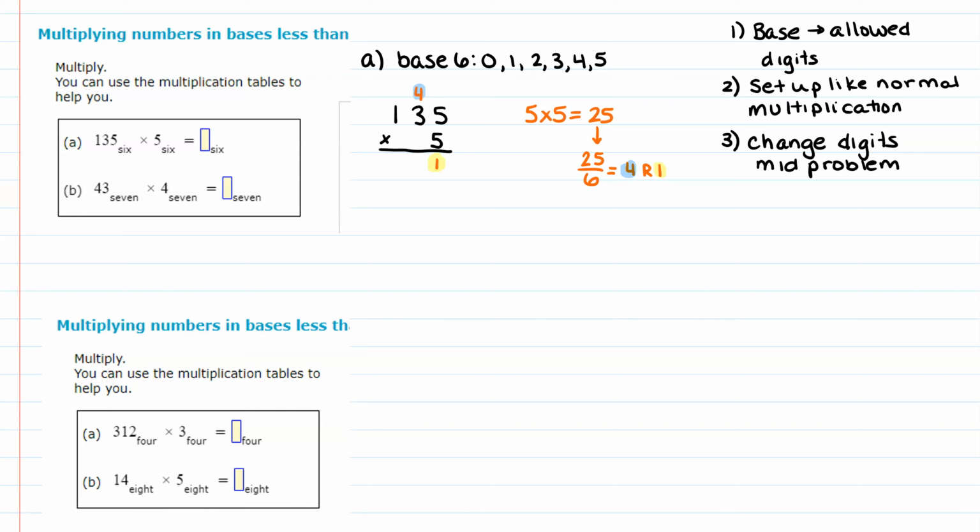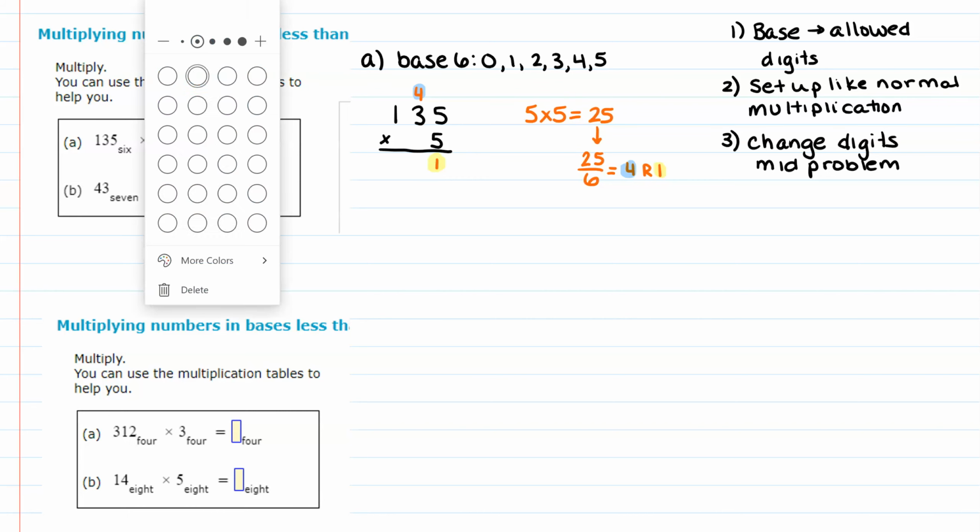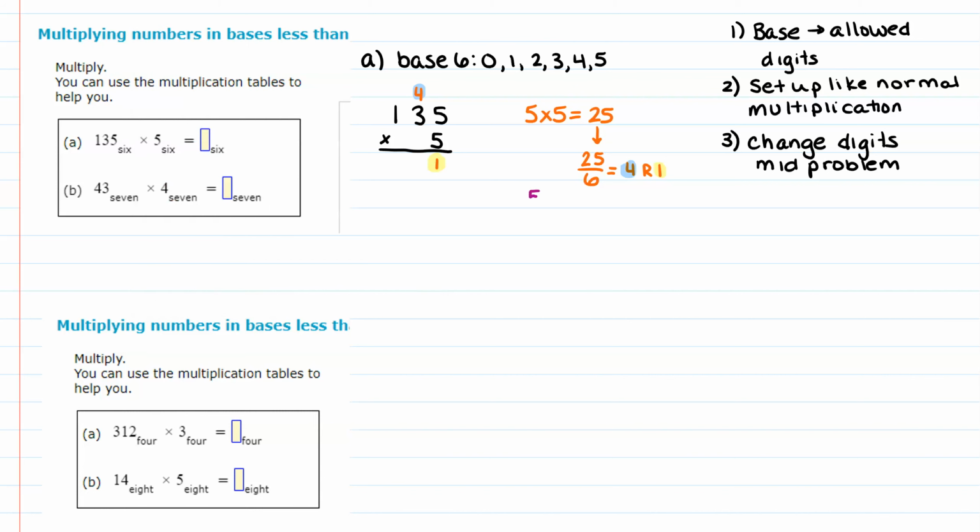Okay, so now let's do 5 times 3. So 5 times 3 is 15, but 15 is not base 6. So I have to change it to base 6. So 15 divided by 6 is 2 remainder 3.